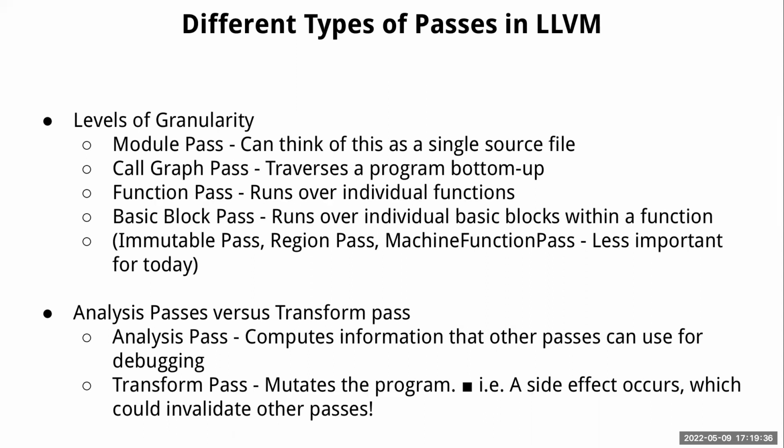LLVM provides very good interfaces for us to use. For example, we can develop a module pass. At the C level, one module is just a C file. Then there is a call graph pass, which can traverse a program's call graph, and a function pass, a basic block pass, and many other passes.